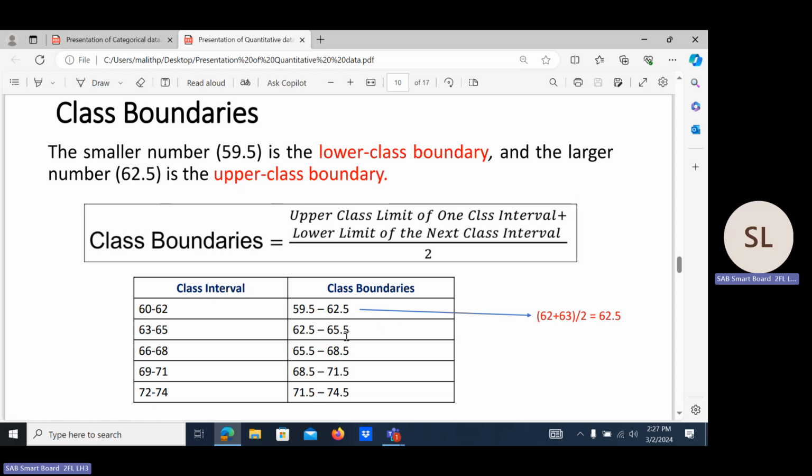Understood? Then we call these the class boundaries. The smaller number we call the lower class boundary, and the other one we call the upper class boundary.